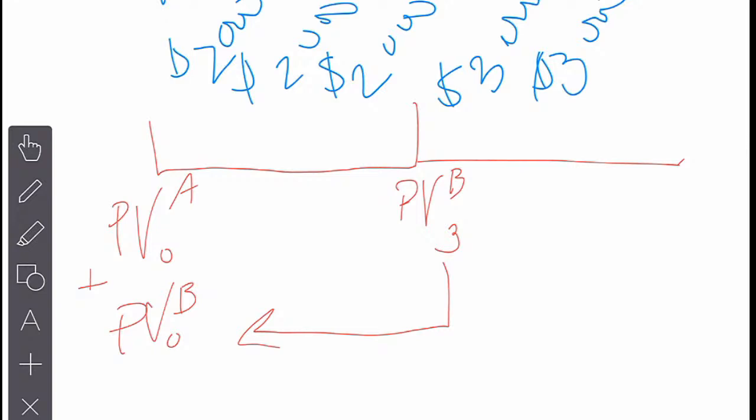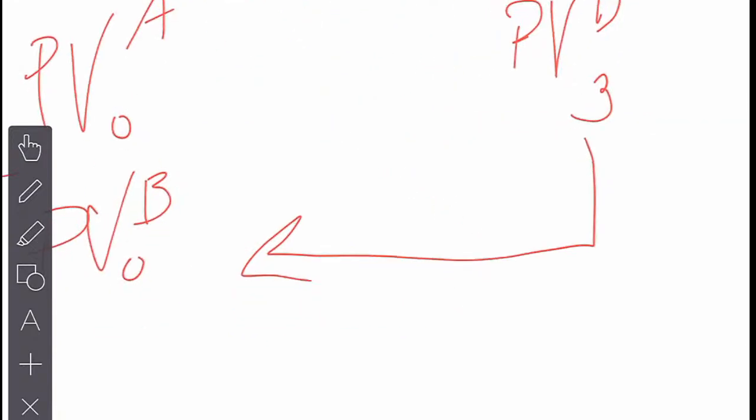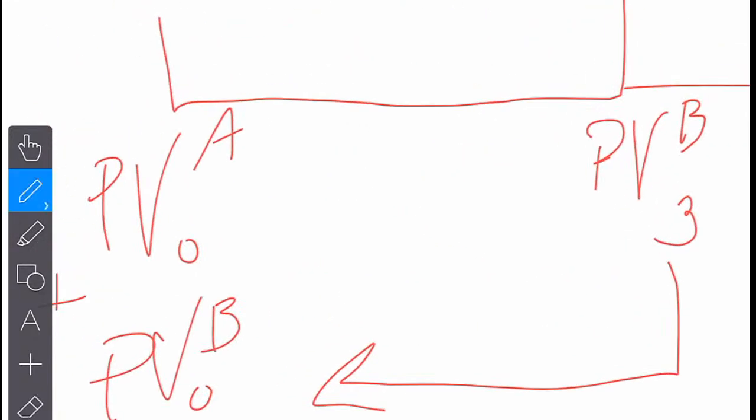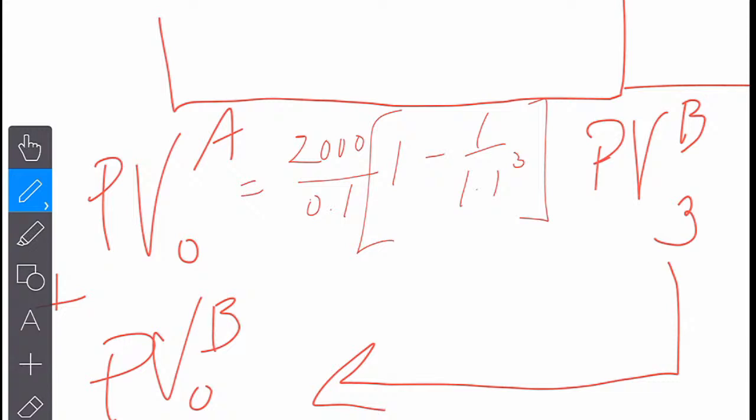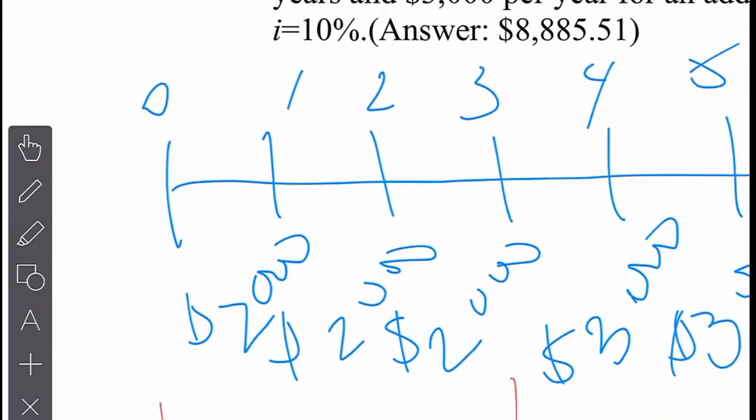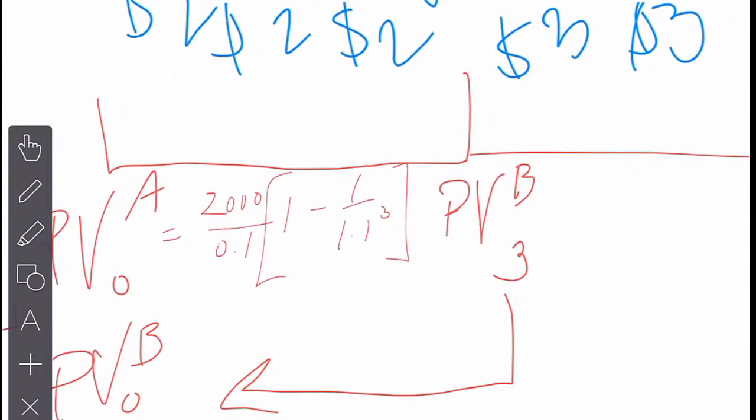If you did this on exam, you would draw the timeline. You would write out the result. It's 10%. Correct? It's 10%. And then for part B, it's 3,000 for 2 years.